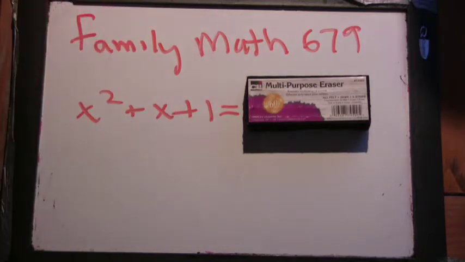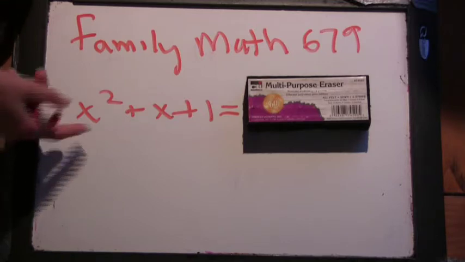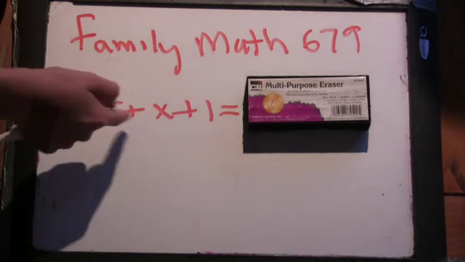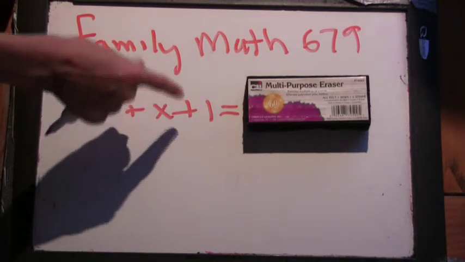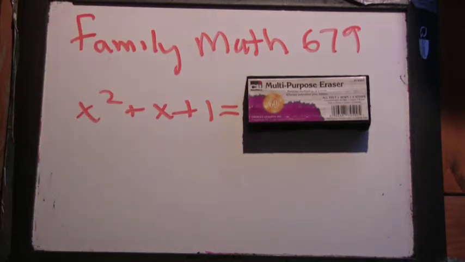Why do you think that? What if I put in -10, for example? What would happen? -10 squared is still 100, plus -10, that's 90. It's going to be 91. So it's always going to be positive.